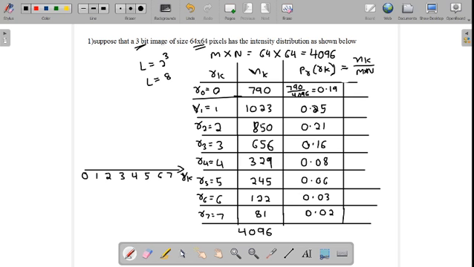Next along the y axis, you need to take the probability of rk.